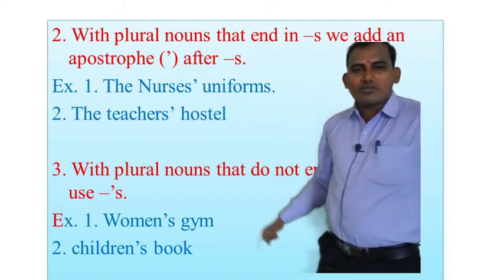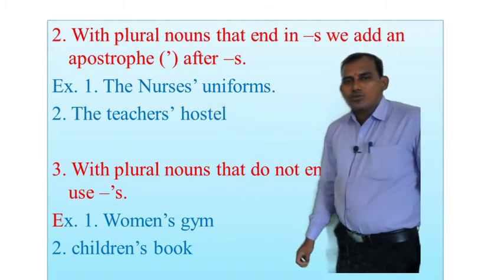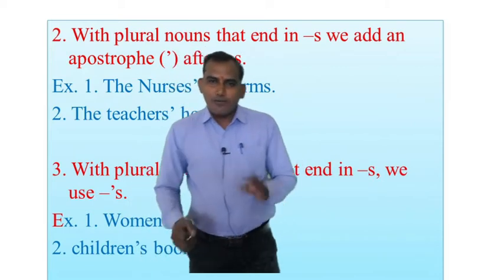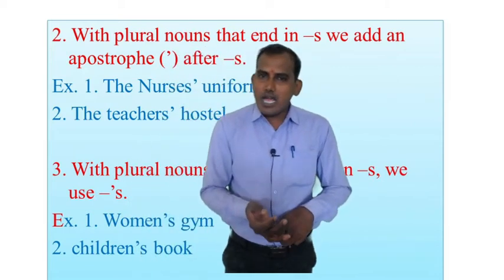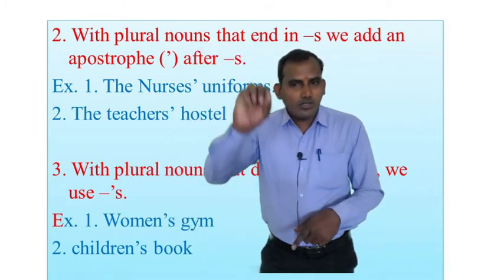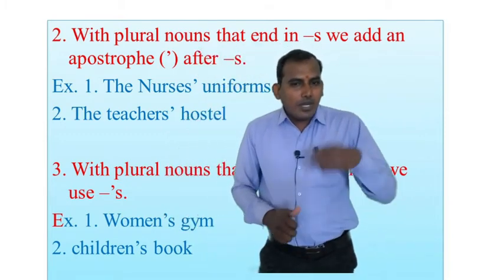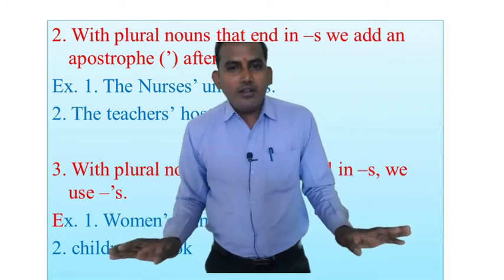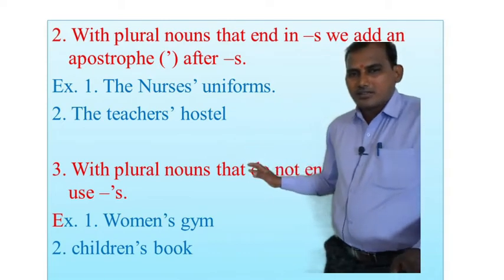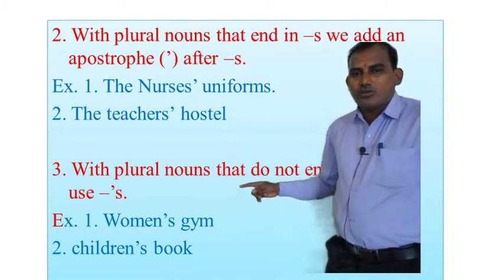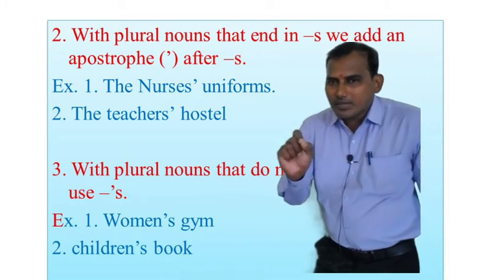And the last one is with the plural nouns that do not end in s. First we saw the plural noun which ends with s; at the final position we use only an apostrophe. For plural nouns which do not end with the letter s, we have to use apostrophe plus s.